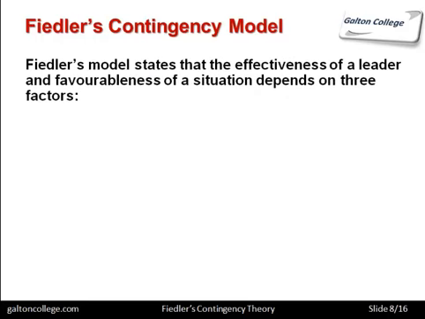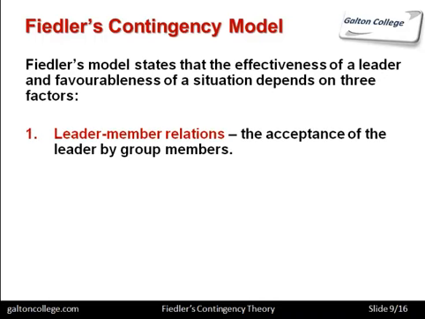Fiedler's model states that the effectiveness of a leader and favourableness of a situation depends on three factors: the leader-member relations, the acceptance of the leader by the group members.